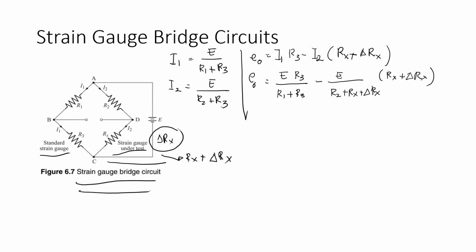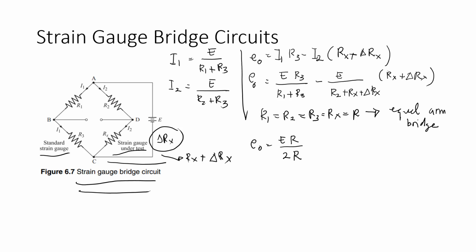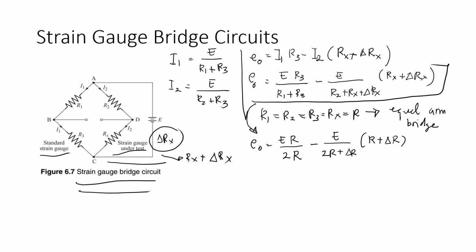Okay, if it is an equal arm bridge, so R1 is equal to R2 is equal to R3 is equal to Rx, and this is equal to R. So we can write EO as E times R per 2R minus E per 2R times R plus delta R per R. Because R1 is equal to R2 equal to R3 equal to Rx, we can get this mathematical situation by these mathematical equations.